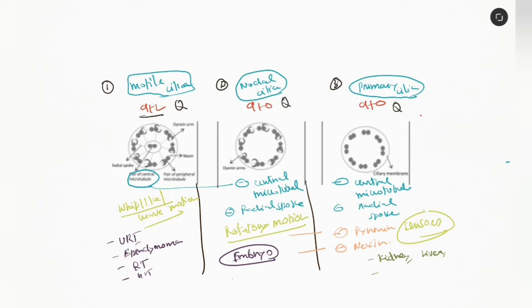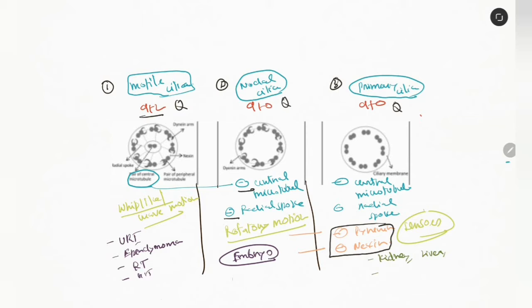The motile cilia have a 9 plus 2 configuration. They have a central microtubule which differentiates them from the other two, nodal and primary cilia, in which the central microtubule and radial spoke are absent. The difference between nodal cilia and primary cilia is that in primary cilia there is also an absence of dynein and nexin.